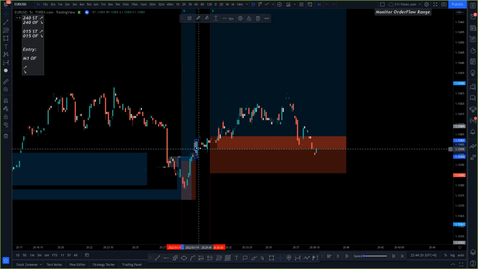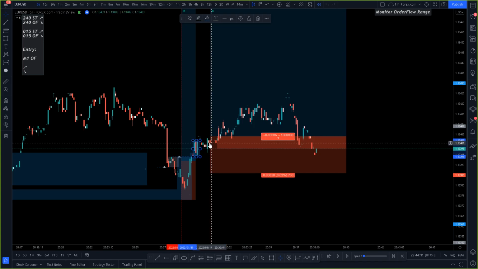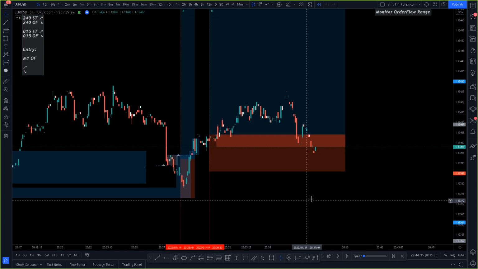Like range to range mitigation. Look, break here, break here, break here, and enter here. Enter at this one.